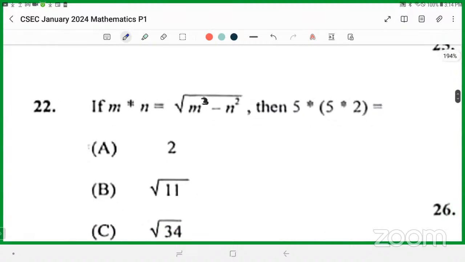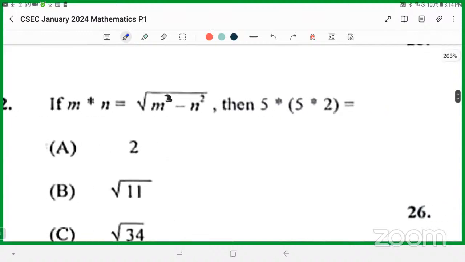But I want us to work this out. The star means you're going to take the square root of the first value cubed minus the second value squared. We have to work out what is in the bracket first. So this statement becomes, first, 5 star 2. I want to work out what that one is.